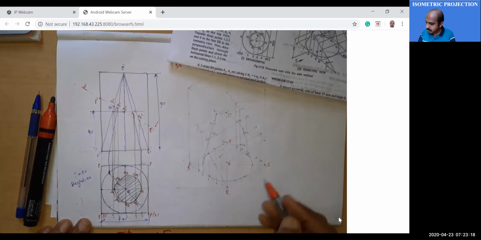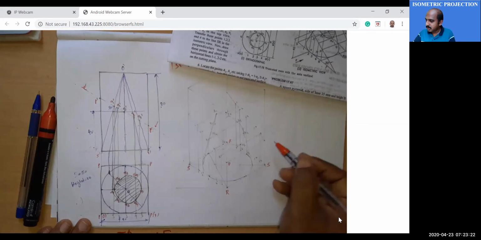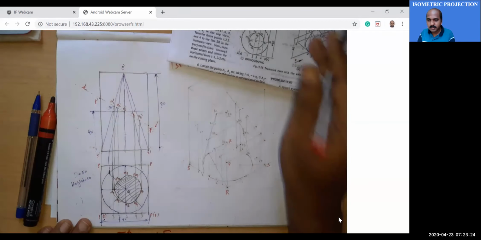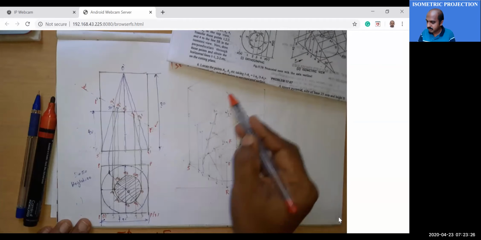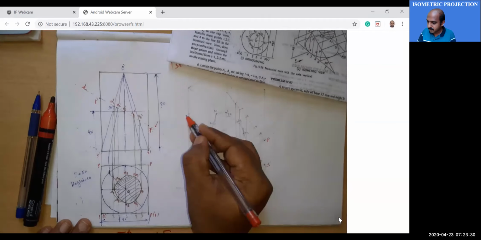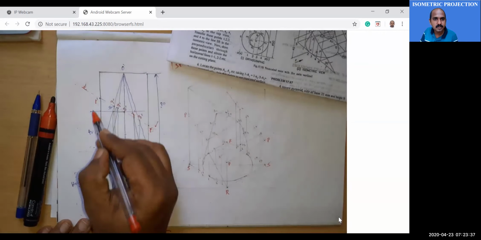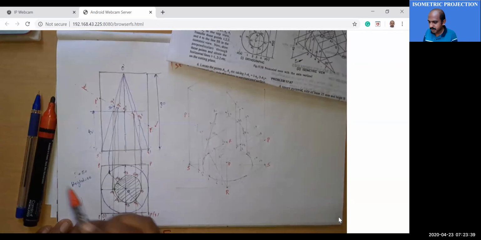Then here also. What is the next point? Here is another point, and another, and another. So here is another P. What is S to P? S to P is equal to S dash P dash, the same as the previous problem.